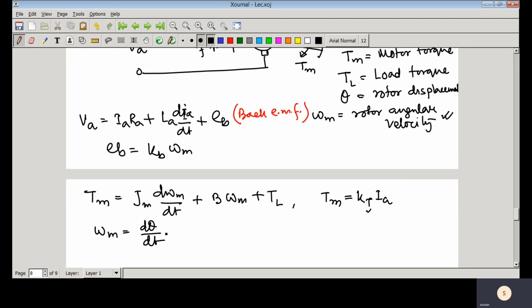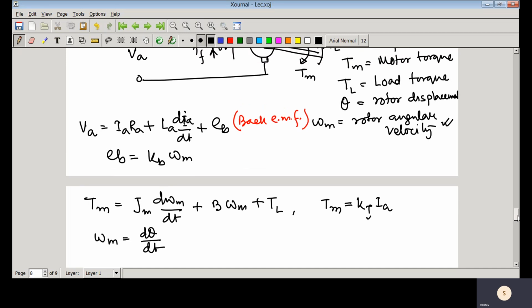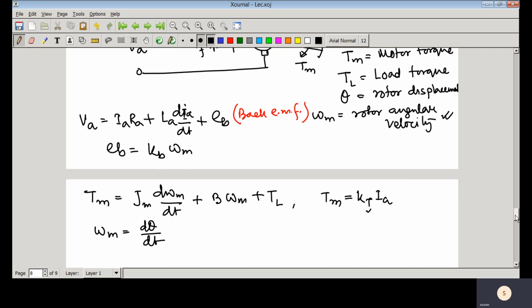So these are actually the 4 dynamical equations, and you can see how many state variables we need to define this particular dynamical system. So 3 state variables are needed: one is theta, another is omega, and the other is the current.